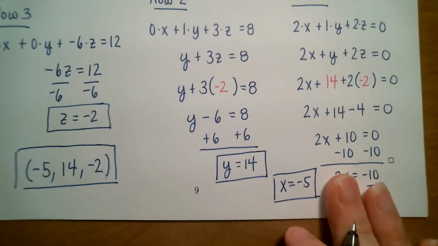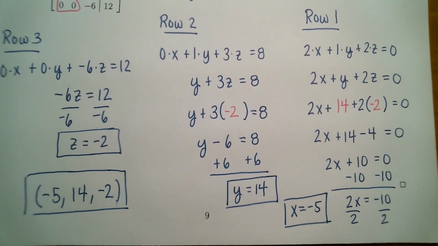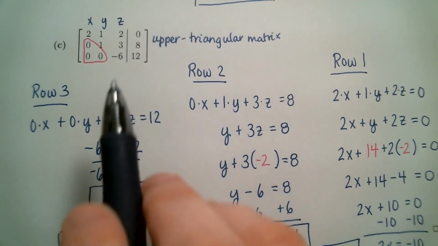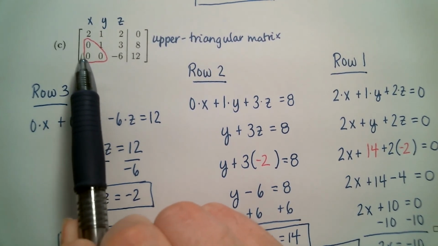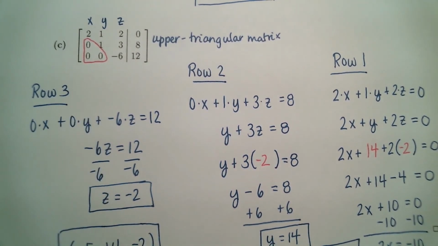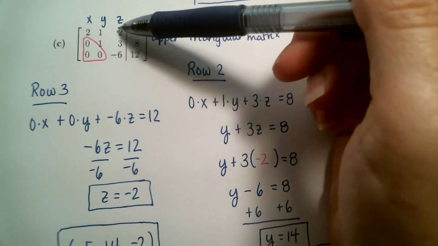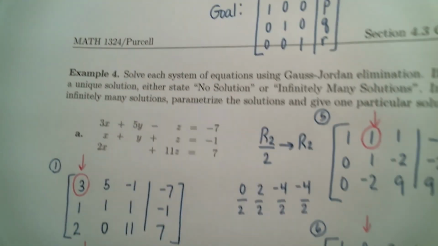So we just did this whole problem without using Gauss-Jordan elimination. It only worked because this was an upper triangular matrix because of all these zeros that were here. You could have done a similar thing if you had a matrix where the zeros were over here in the top. But if you have something like we've experienced in the past, let me just pull something from a prior example.